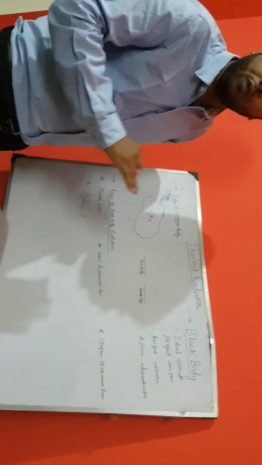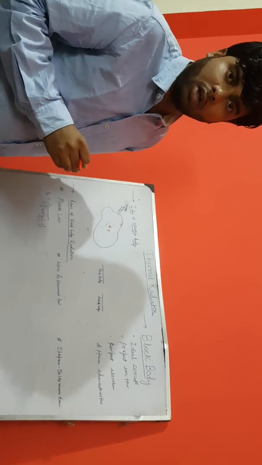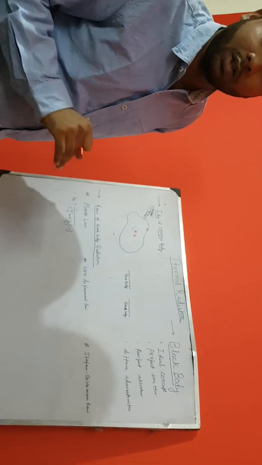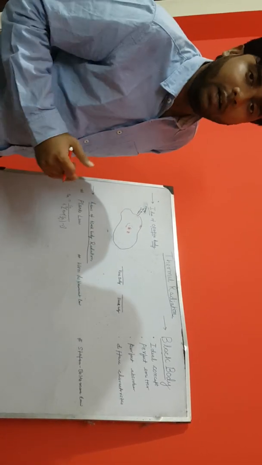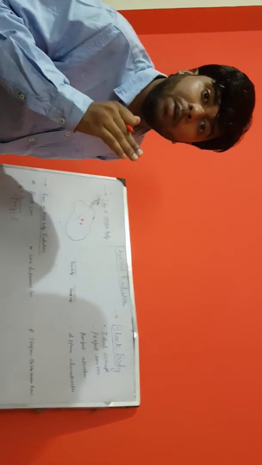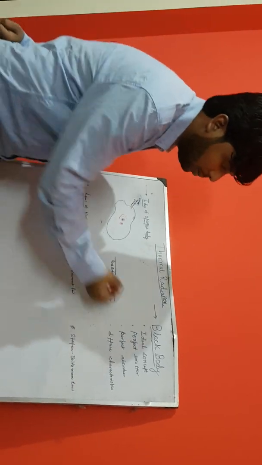Suppose there are four bodies maintained at the same temperature, but their material is different, and all other properties are constant. There will be a surface with maximum emission and one with minimum emission. The body with the maximum emission is nothing but a black body.